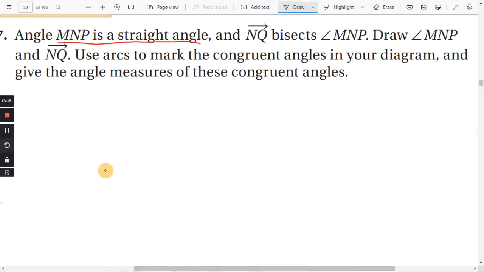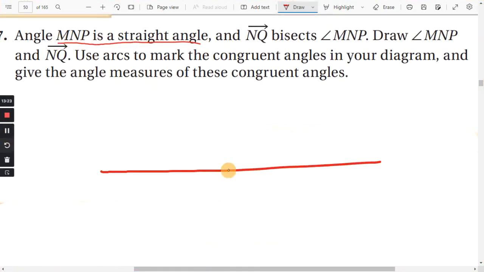So a straight angle is going to be like that. And MNP, the letter in the middle has to be the vertex. So M, N, P, right? That's a straight angle.